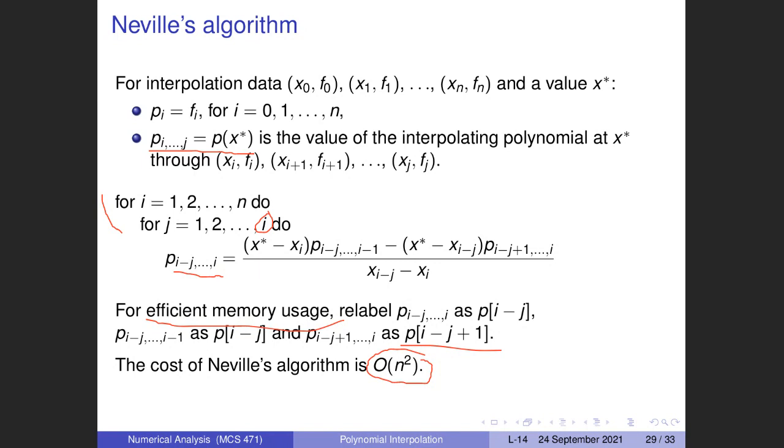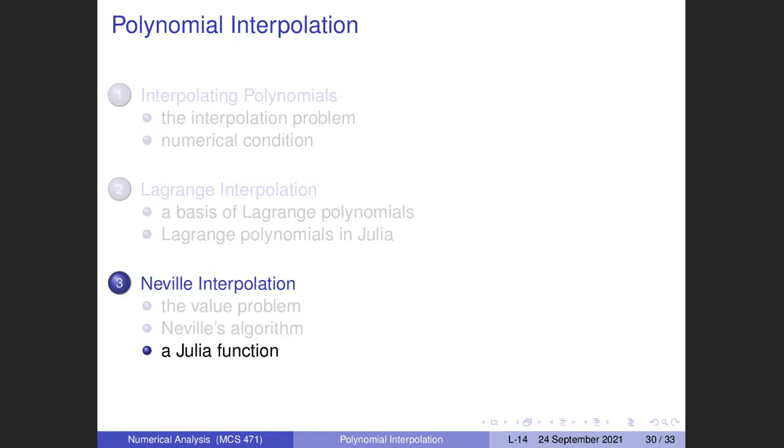So the problem, as we started out with the Vandermonde matrix, looked like it had a cubic cost. But here we have actually shown via this algorithm, which is correct by the theorem, that we do have a quadratic cost algorithm.